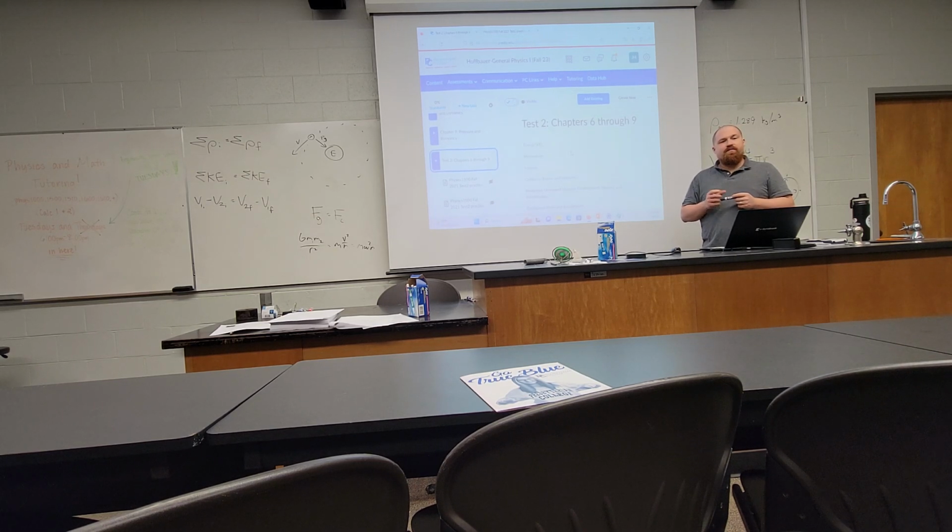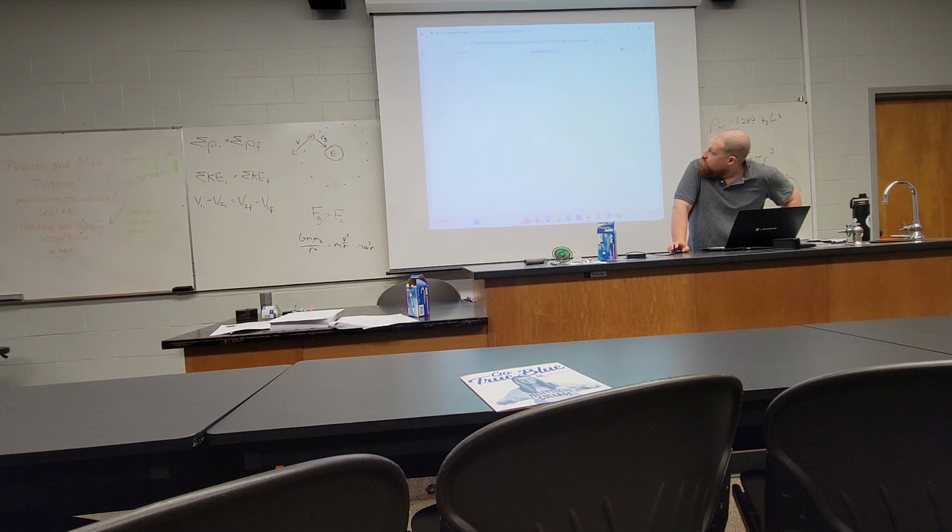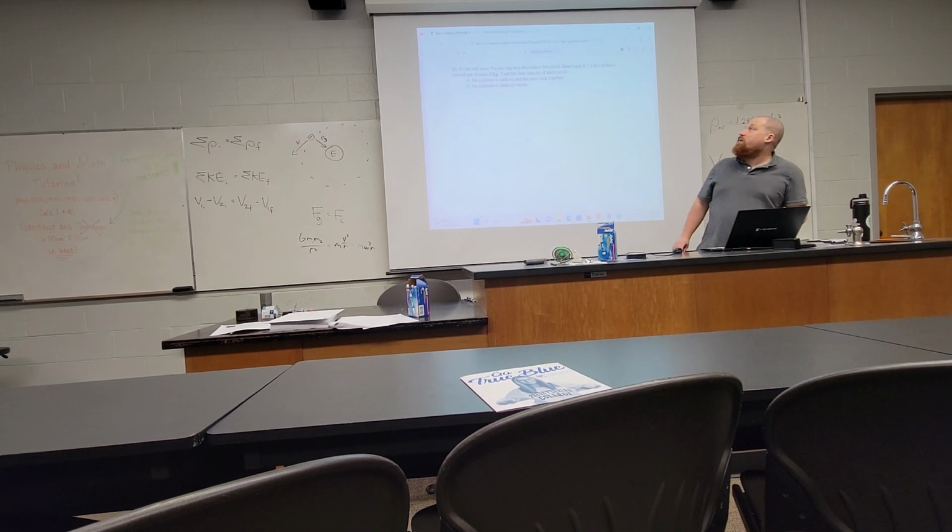And there is a practice test question related to collisions. I'll tap over to this occasionally to kind of demonstrate what I mean. On the practice test, number 10 is a collision question. The base premise is just two objects colliding with each other.